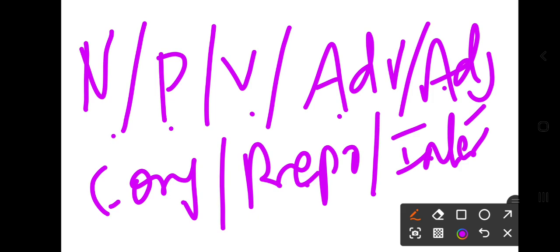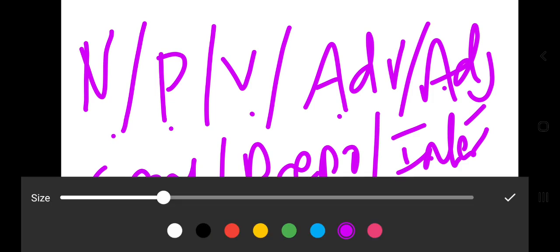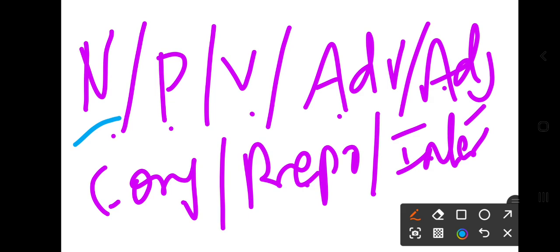So any word would definitely be either a noun, meaning naming word. It may be a pronoun, if there is no name, so there will be a pronoun. Or there are action words or helping verbs. These are the words which show the action or which are used for helping, for time or number or status.